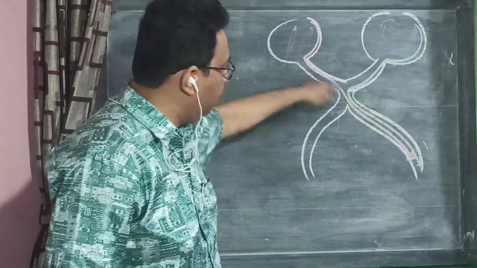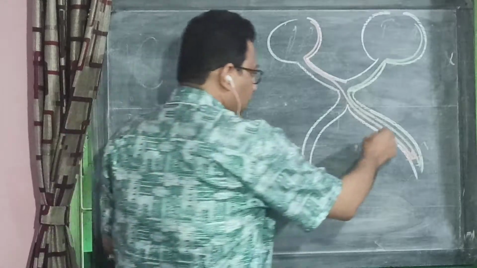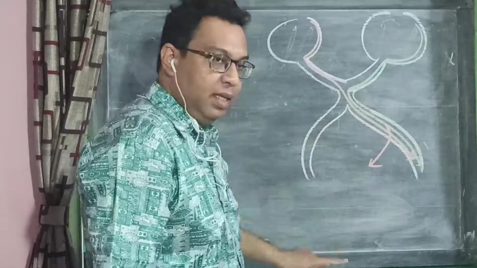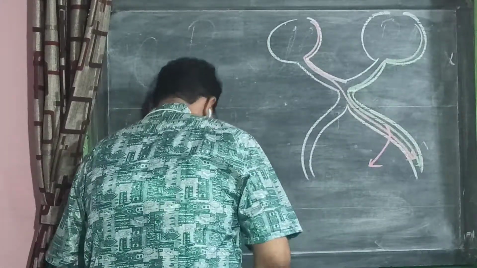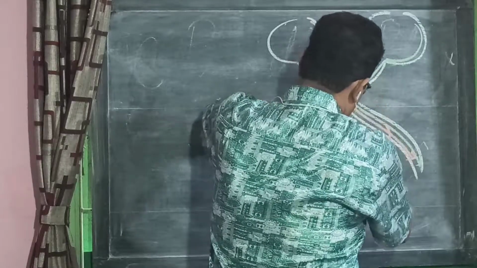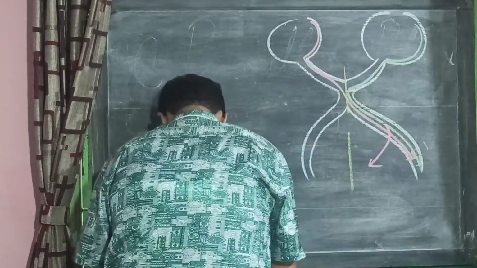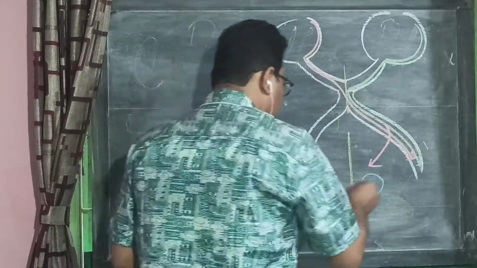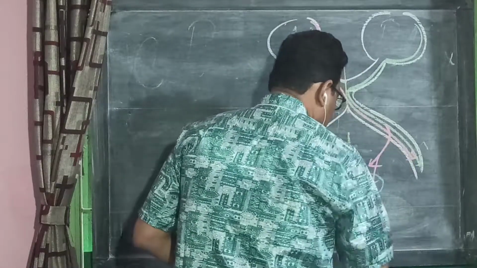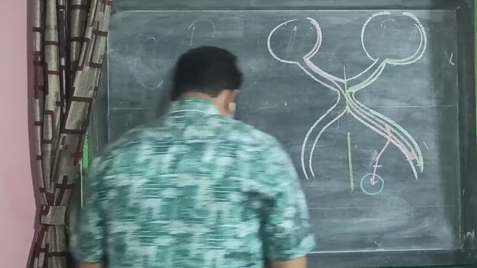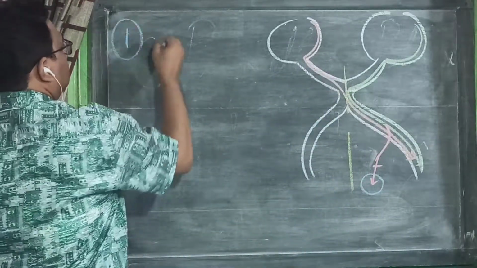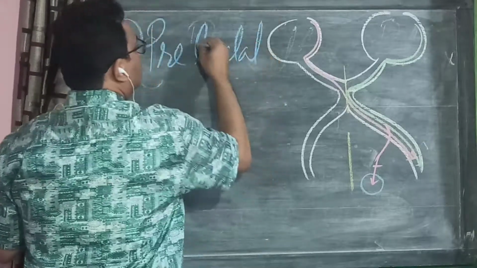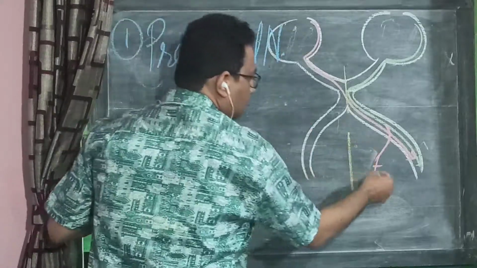So at the crossover, nasal fibers become contralateral. Then some axons of the ganglion cell will supply the pretectal nucleus or nuclei of the pretectum.